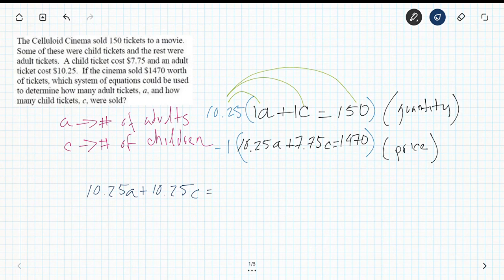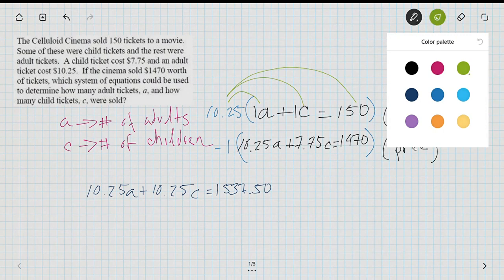So let's go ahead and type that. 150 times 10.25 is 1,537.5.